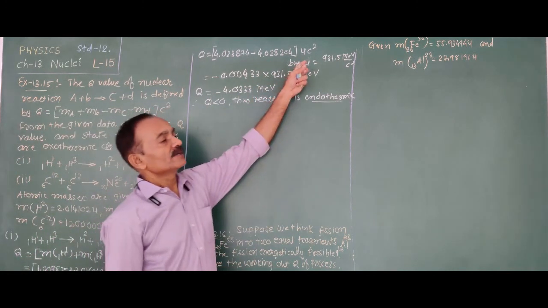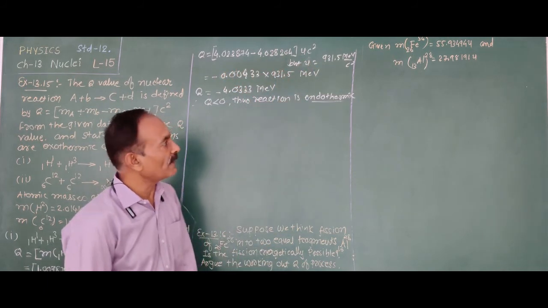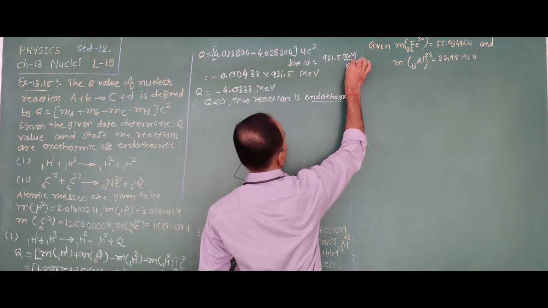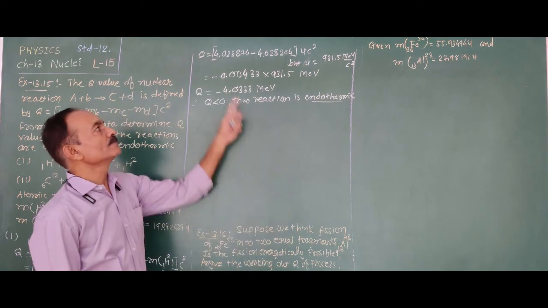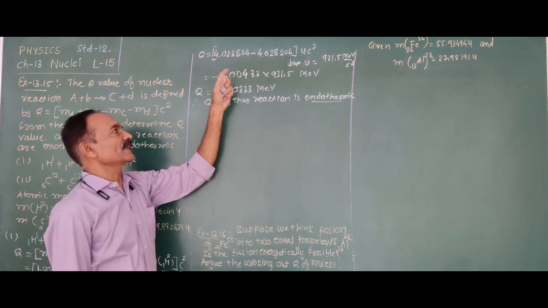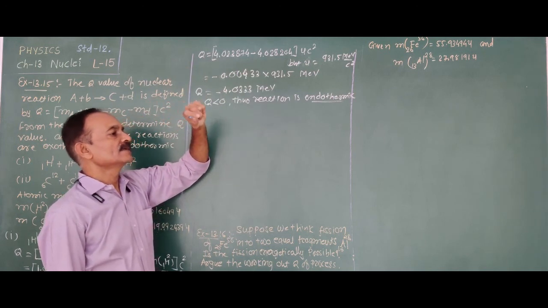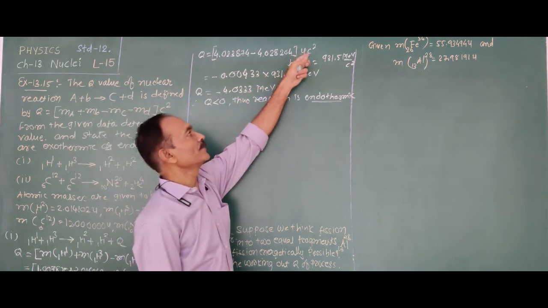But we know that atomic mass unit is equal to 931.5 MeV upon c square. Substitute the value. The subtraction of this bracket is minus 0.00433, into 931.5, that is the value of u.